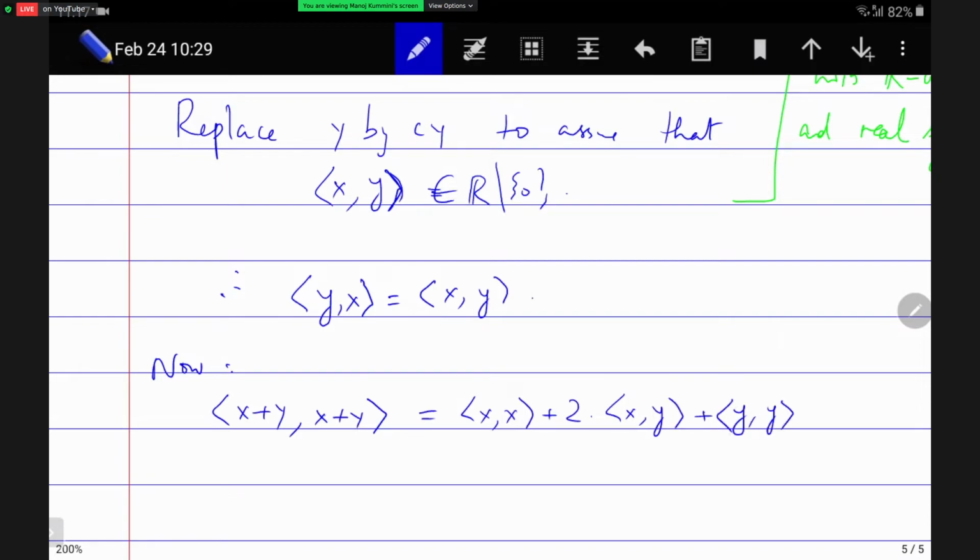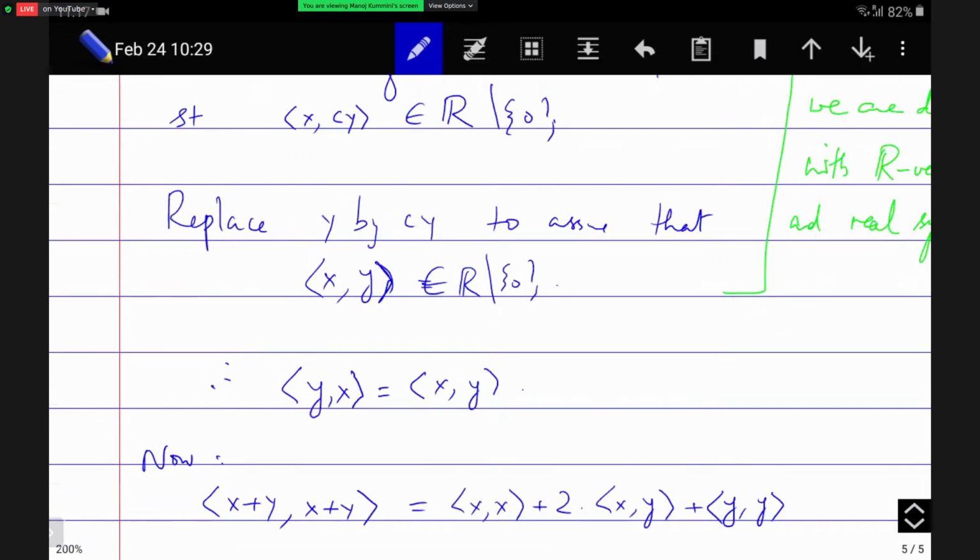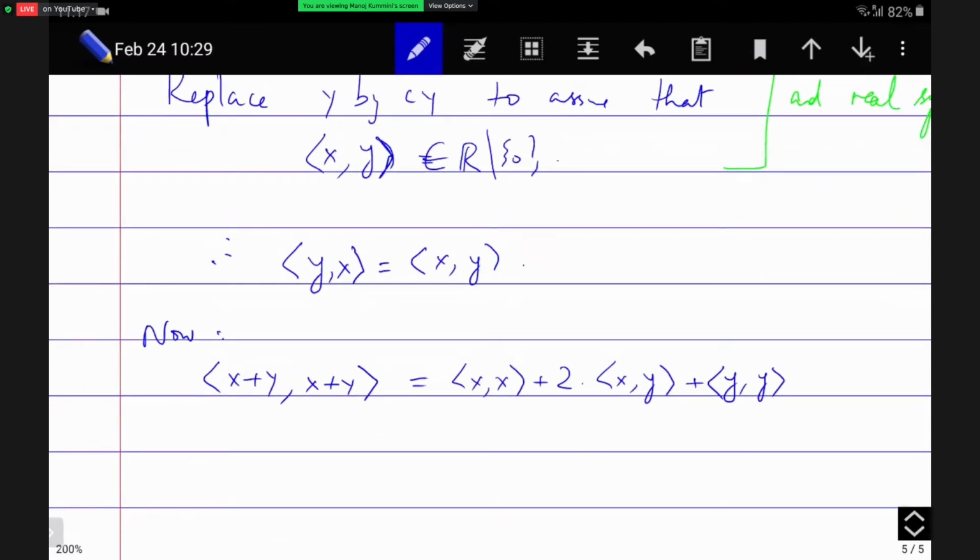That is just by linearity. So now there are three terms in which the same vector appears in both positions.